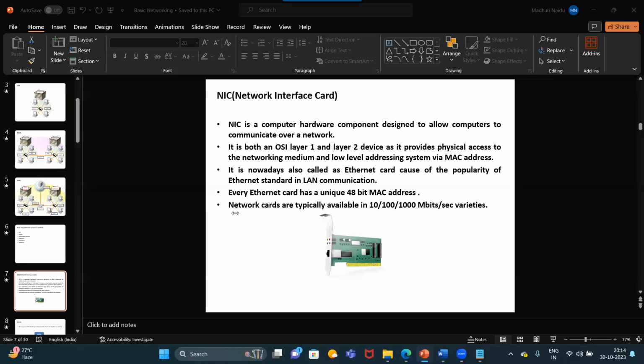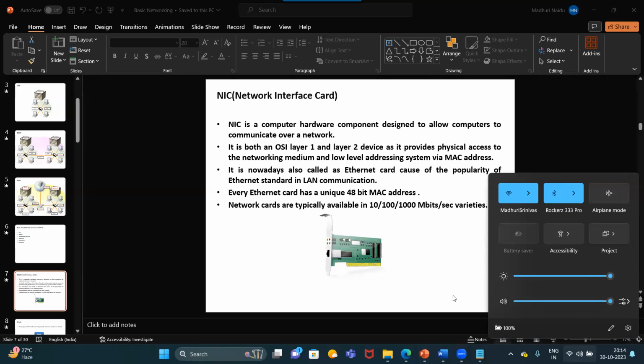Madam, am I audible? Yeah, now audible, Venkatesh. Madam, I have a doubt here. Out of the 12-digit hexadecimal, the first 6 digits represent the vendor ID and the next 6 digits represent the card ID, and you said no two MAC addresses will have the same ID, they are unique.